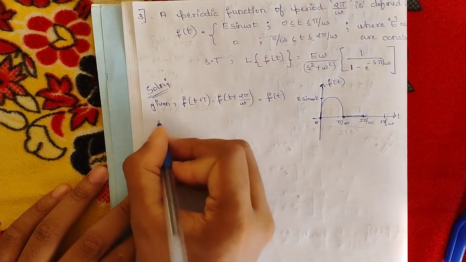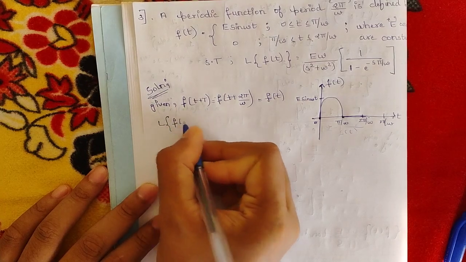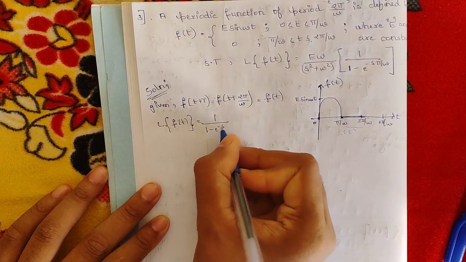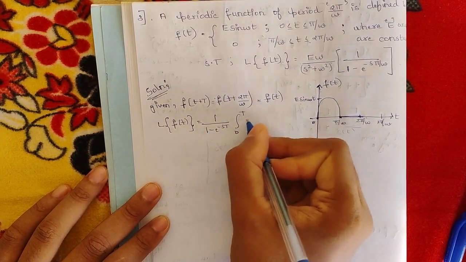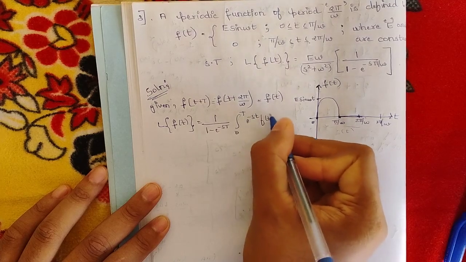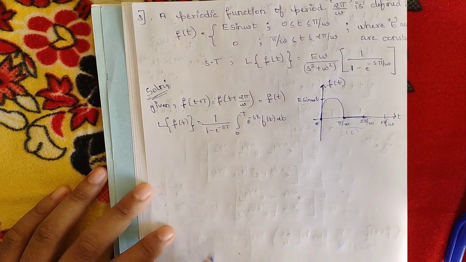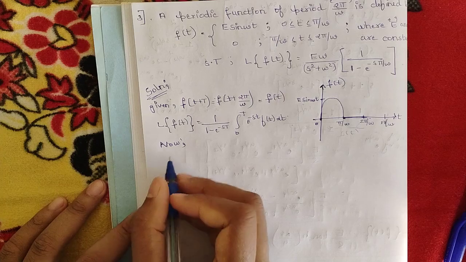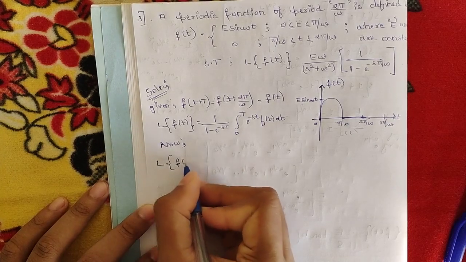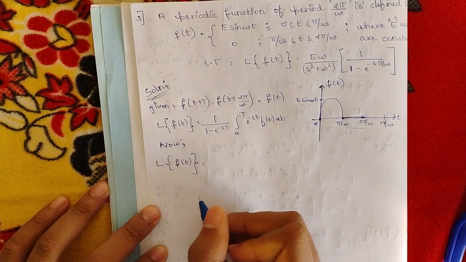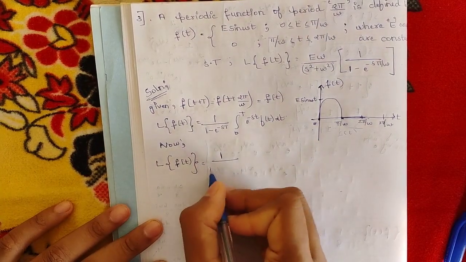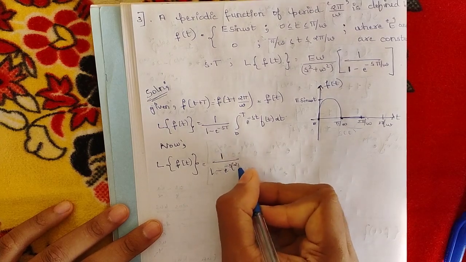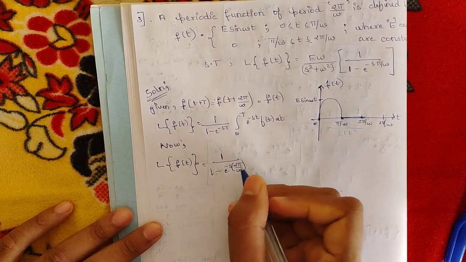Now the Laplace transform of f of t is given by the formula: 1 divided by 1 minus e to the power minus s T, where the value of T is 2 pi by omega, into the integral from 0 to T of e to the power minus st f of t dt.